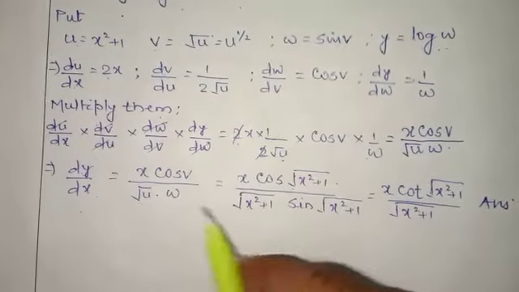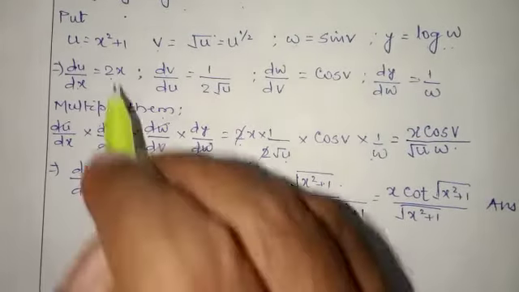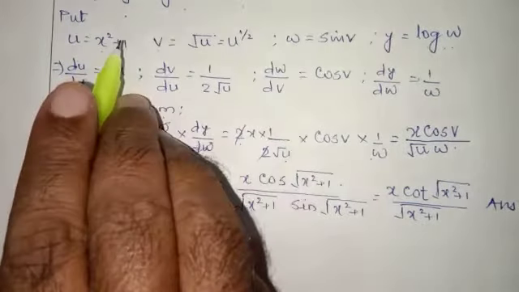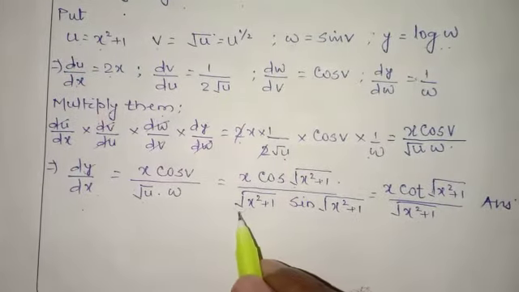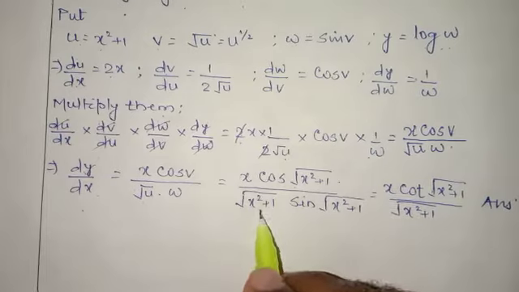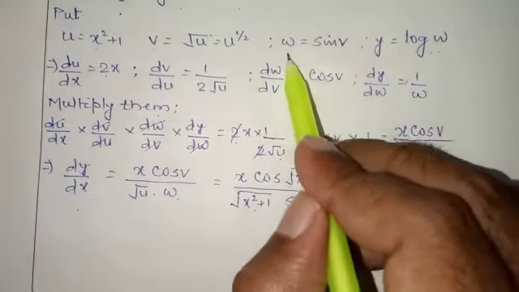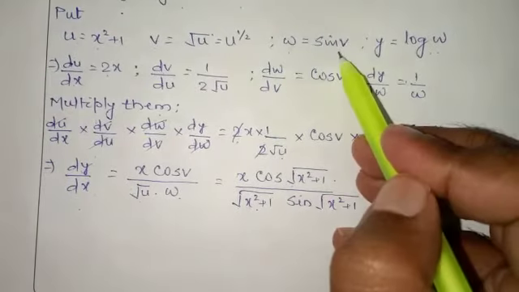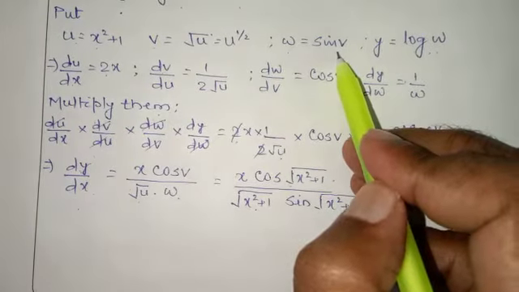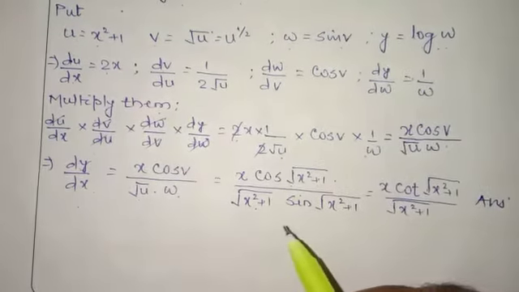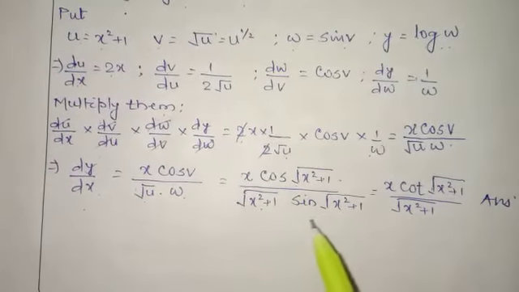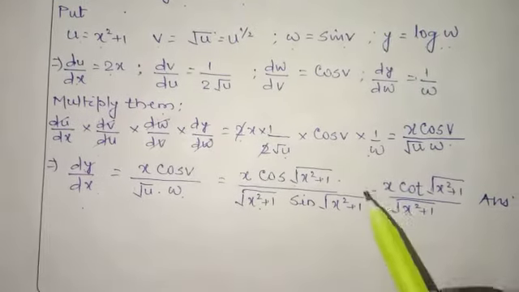Similarly, in the denominator, under root u, and u is x square plus 1, so it is under root x square plus 1. And w, that is sin v, and v we have just got as under root x square plus 1. This is the value of dy by dx.